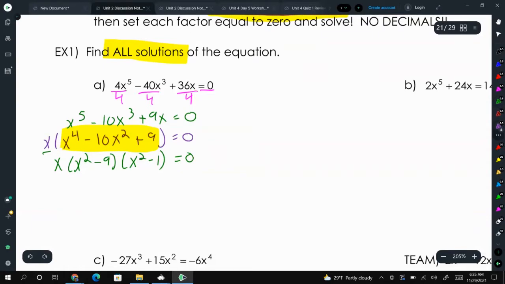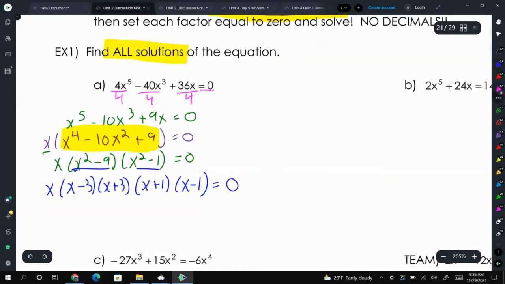Now we can factor these. These are both difference of squares. So this is going to be x, and then x squared minus 9 is going to factor to x minus 3 times x plus 3. And then x squared minus 1 is going to factor to x plus 1 times x minus 1. And now we're going to set each of these equal to 0.